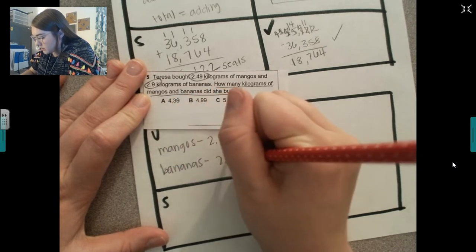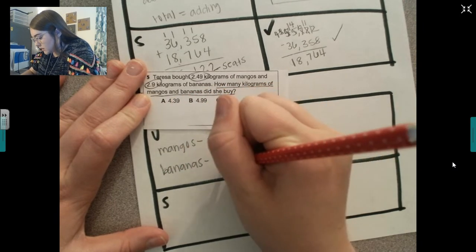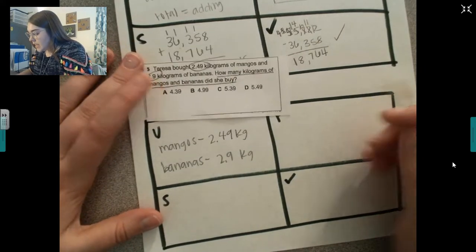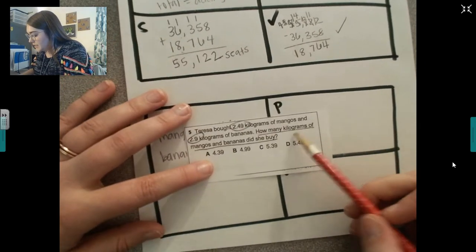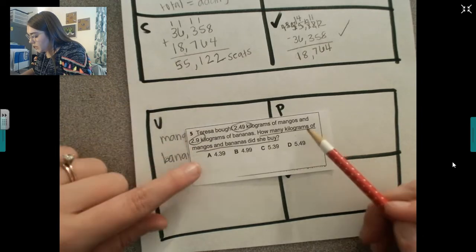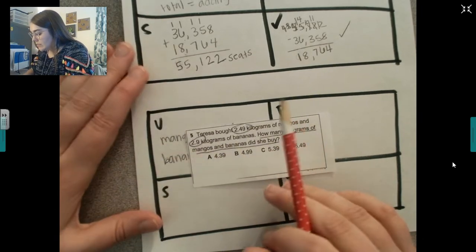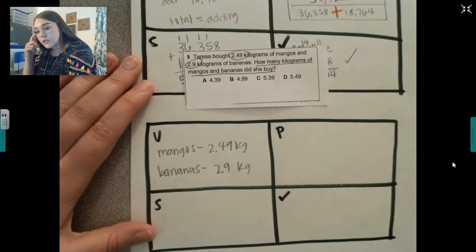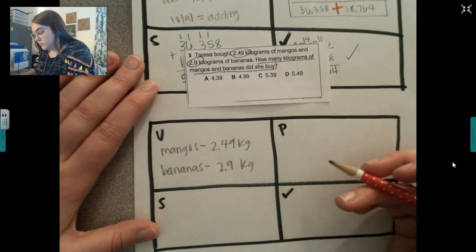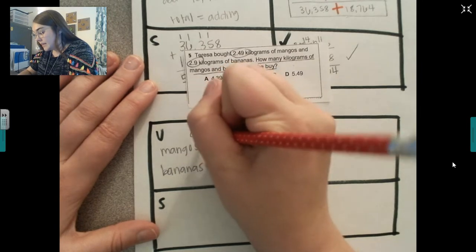She bought 2 and 9/10. I also know that although there are no key words, how many mangoes and bananas did she buy? So it's asking for both of them. So am I going to be adding or subtracting? I'm going to be adding.